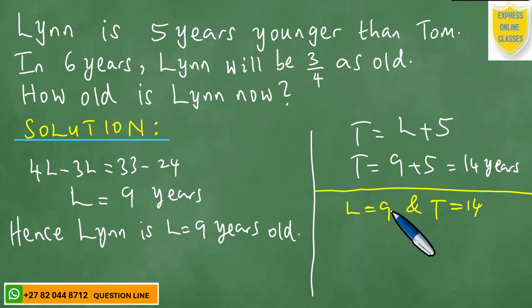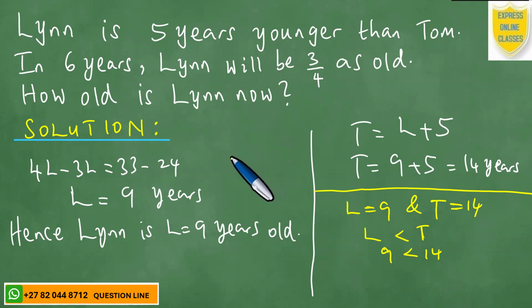It is true that Lynn's age is smaller than Tom's age, because 9 is smaller than 14. So indeed it is true that Lynn is younger than Tom, arithmetically, on the real number line.